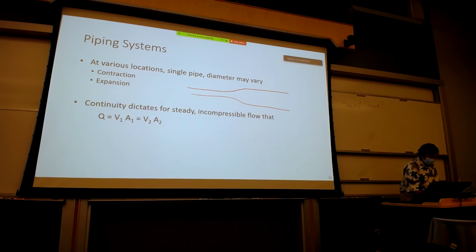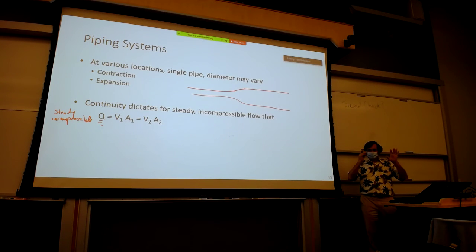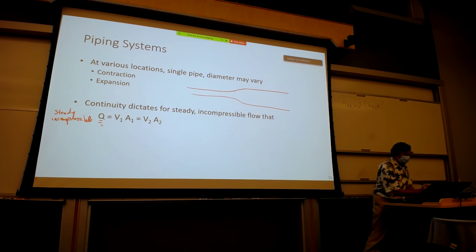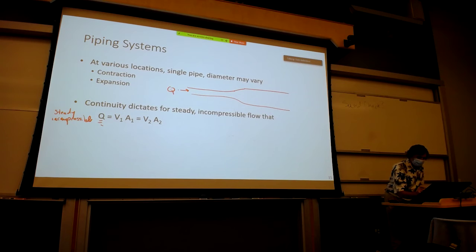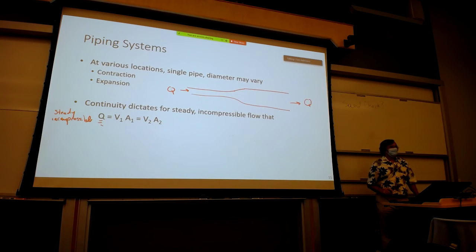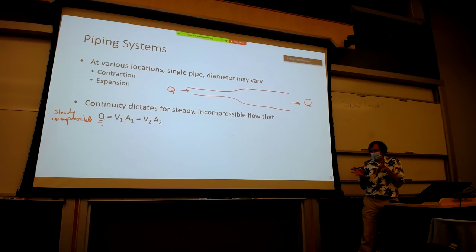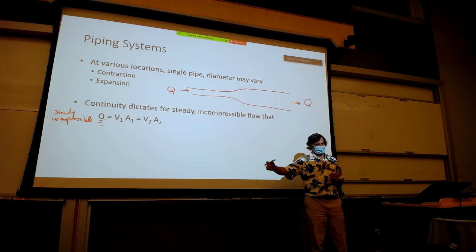If you have steady, incompressible flow, then the discharge everywhere in that single pipe is the same. By being incompressible, you can't have more water going into the pipe than leaving the pipe.